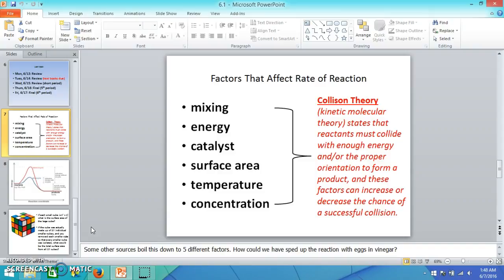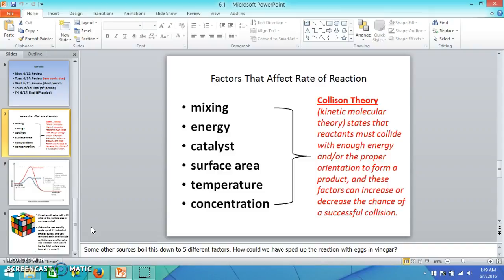Okay, so the main thing that I'm trying to get you to understand is how these different factors affect a reaction. And reading your comments on the reflections, I think one thing I want to clear up is that all of these factors can either increase or decrease.